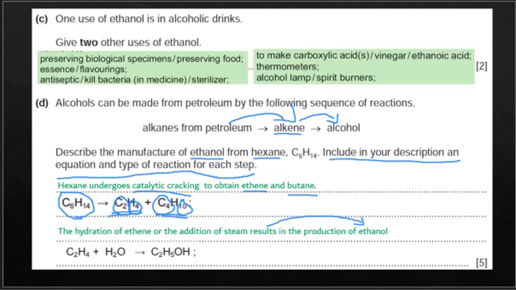So C2H4 plus water, and of course this would be a gas, water vapor in terms of steam, then produces the alcohol. So alkanes to alkenes, that is cracking in the presence of a catalyst, and alkenes to alcohol, that's hydration by adding steam.